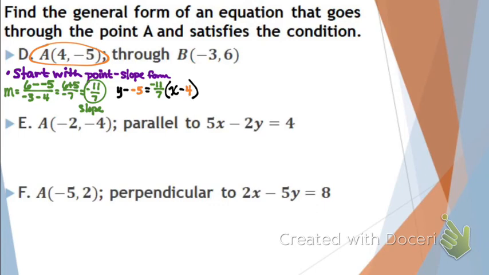All right, so first thing I see here, I would really like to distribute that negative 11 sevenths. And I'm going to change this to a plus right here. So y plus 5 equals negative 11 sevenths x plus 44 sevenths.